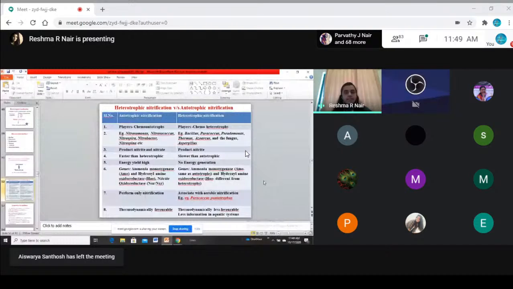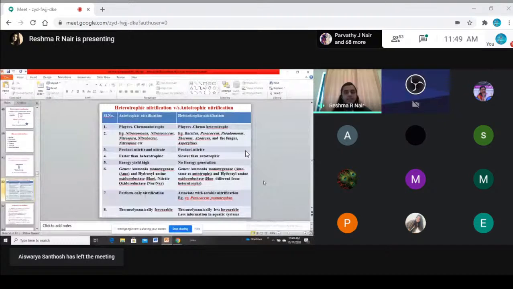Now coming to the denitrification part. You might have a question: once nitrification is over, is our problem solved? No, because the final product of nitrification is nitrate, and nitrate is still toxic to the fishes.